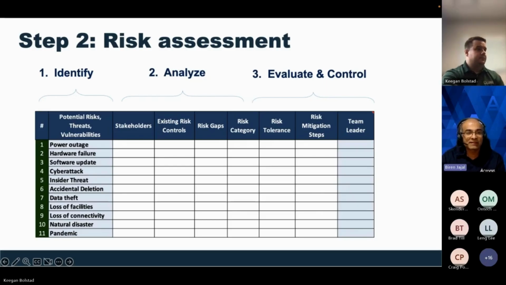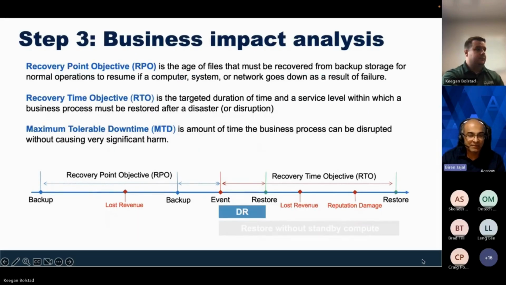But again, once that risk assessment is complete, we'll go to the next step, which is the business impact analysis. And the terms that are important to understand in terms of business impact analysis are really these three terms, and they're frequently used in the disaster recovery space: RPO, RTO, and MTD. So again, recovery point objective is really just about knowing how much data loss is acceptable to your organization.